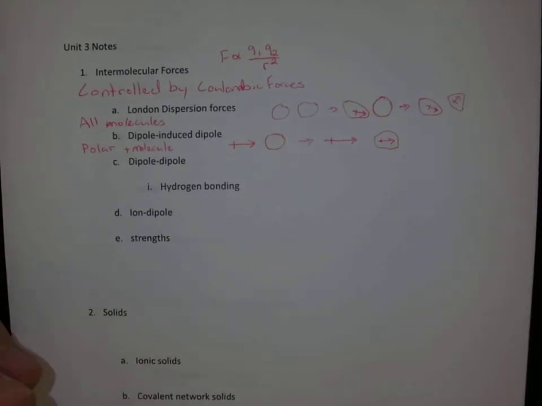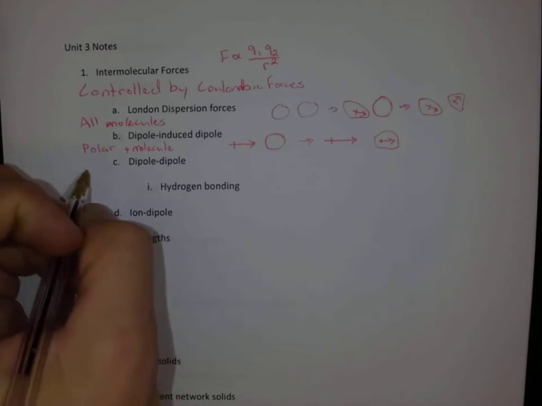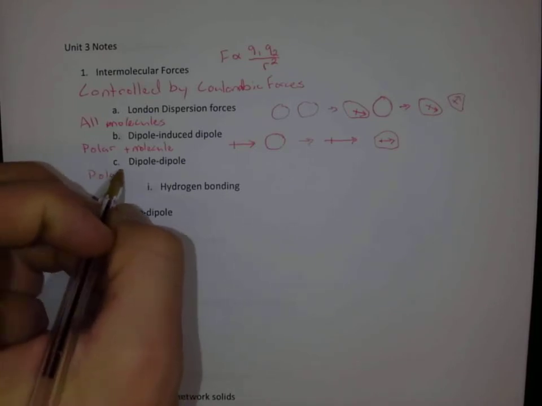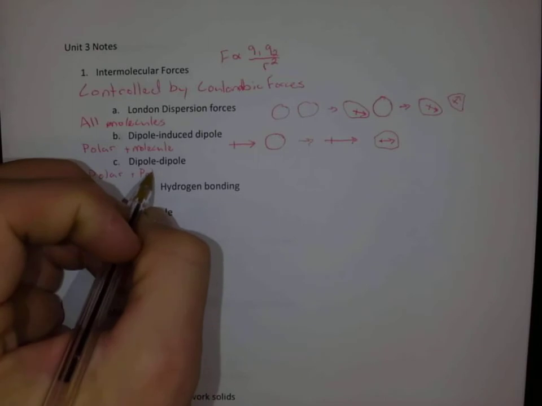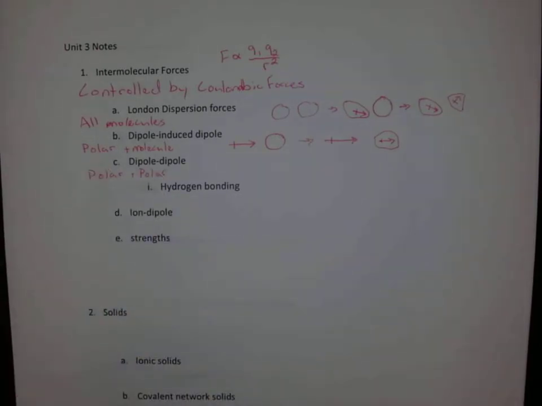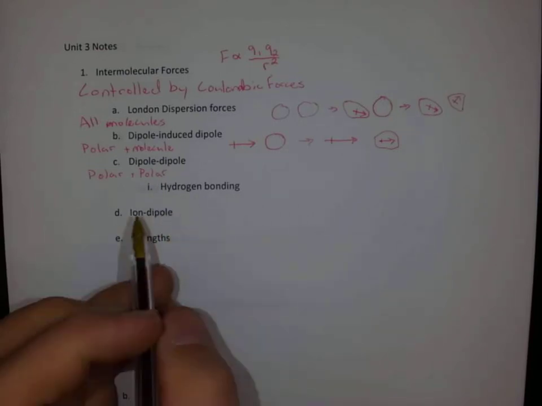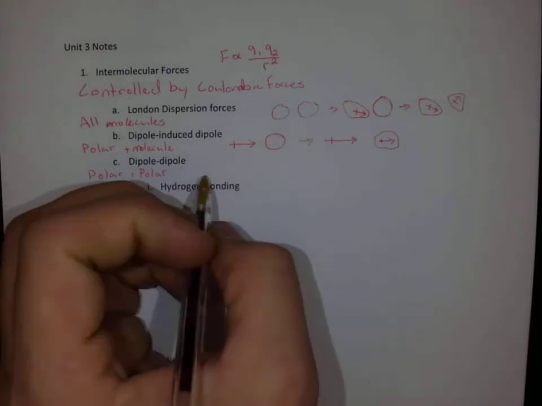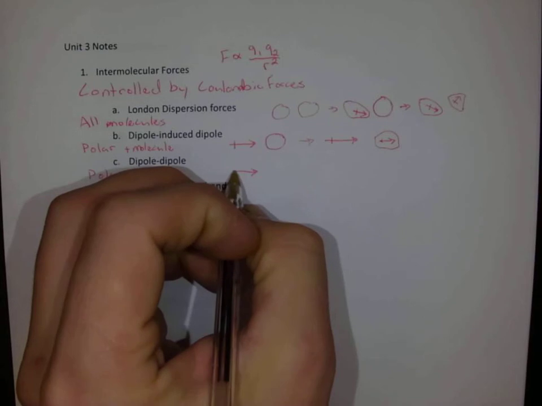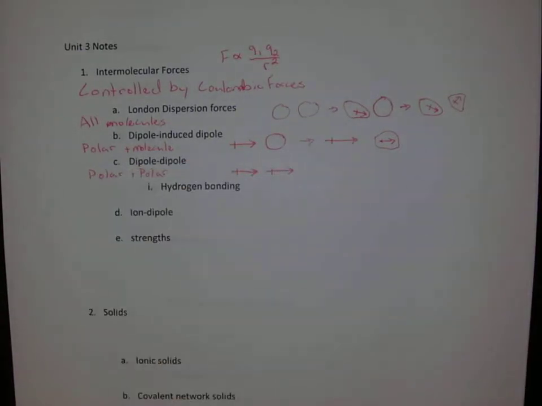Our third type of intermolecular force is dipole-dipole interactions, right? So this is going to be polar and polar, okay? And this is when we oftentimes talk about hydrogen bonding, okay? So what we're going to do first off, a dipole and a dipole interacting, right? What we want is for our dipoles to overlap in a favorable direction.